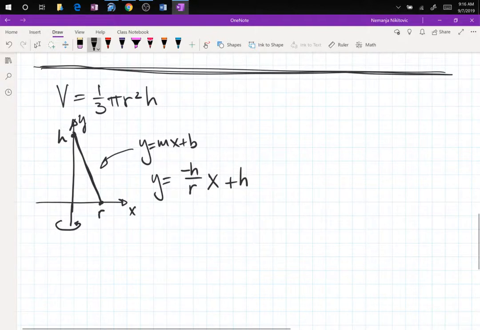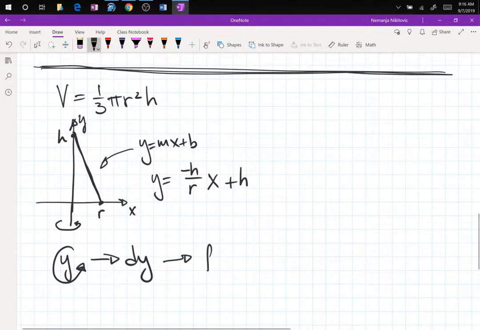Since we are rotating around the y-axis, we need the dy integral. And if you have a dy integral, you must have f of y, not f of x, which means you need to flip this formula to get what you actually need.